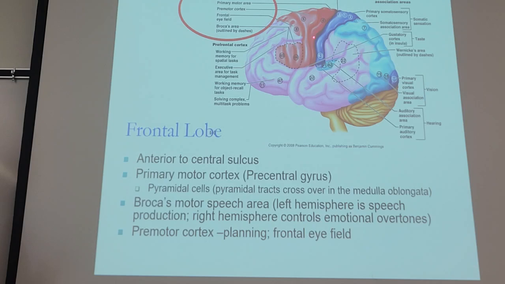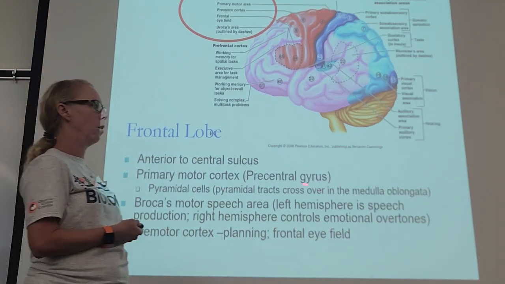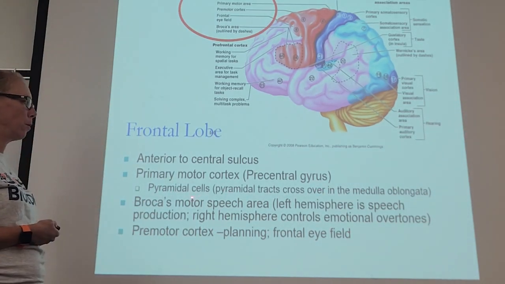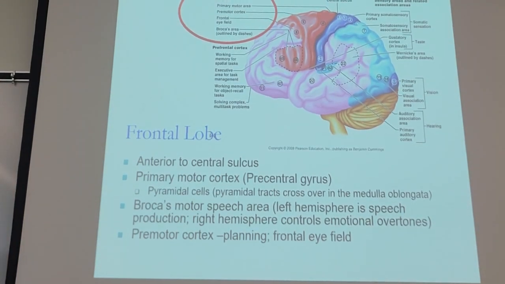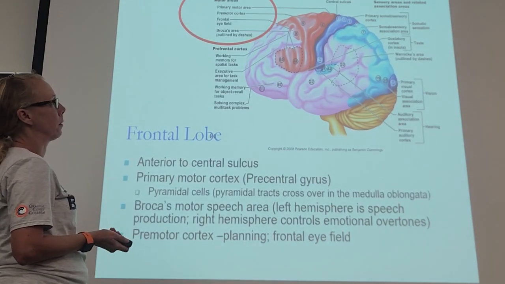That is purely motor. And that's where pyramidal cells are going to synapse. We'll talk about crossing over later. But those pyramidal cells that we looked at in lab are going to synapse there and provide some sort of motor response, specifically in the primary motor cortex.